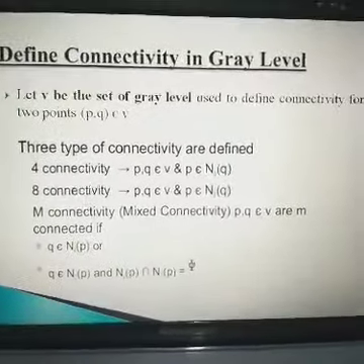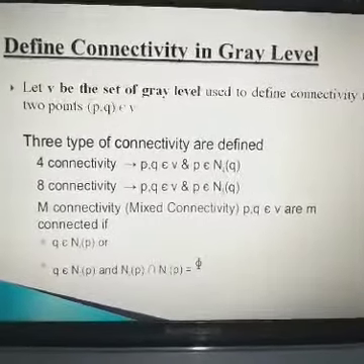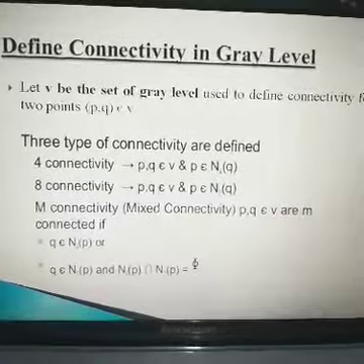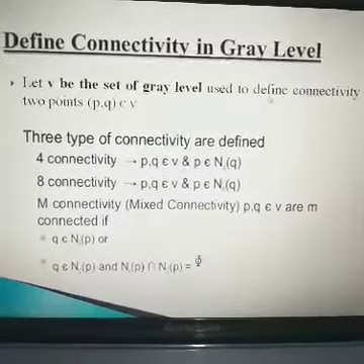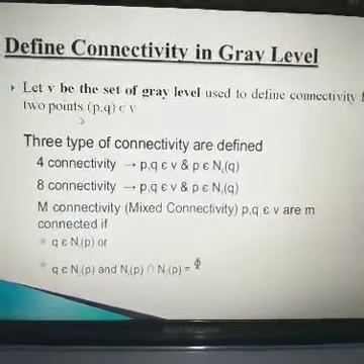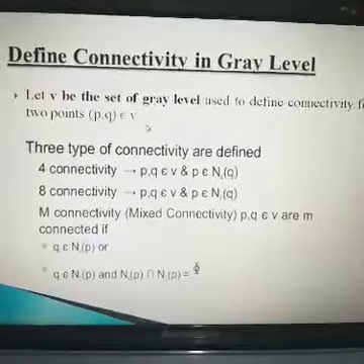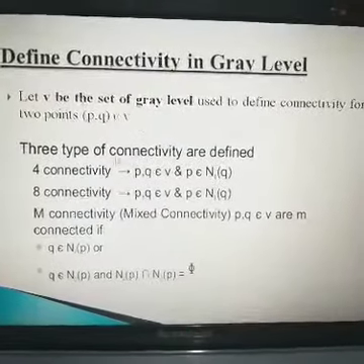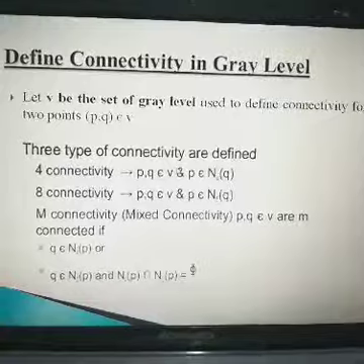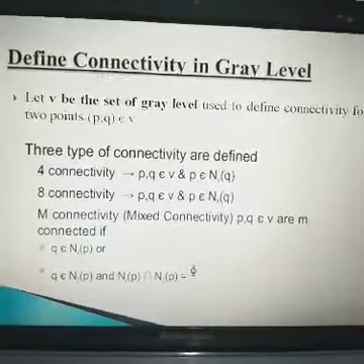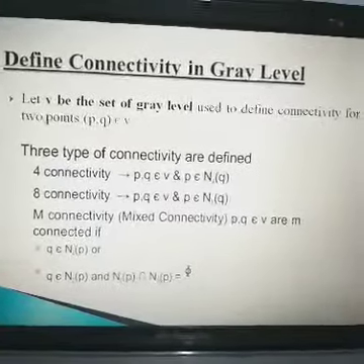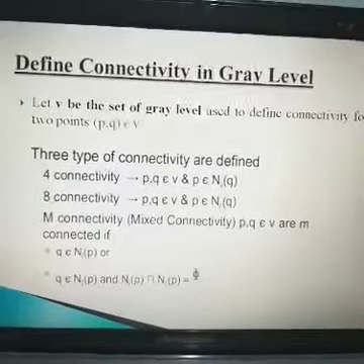So how can we define the connectivity in gray level? Let V be the set of gray levels that is used to define the connectivity for the two points P and Q. There are three types of connectivity. Four-way connectivity, which we already discussed, with four neighbors, or 8-way connectivity.